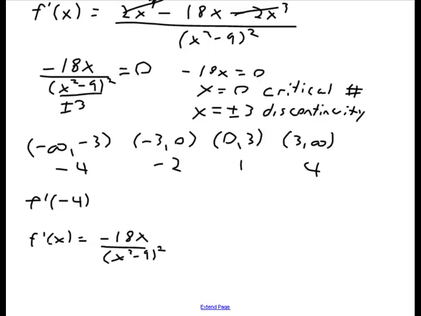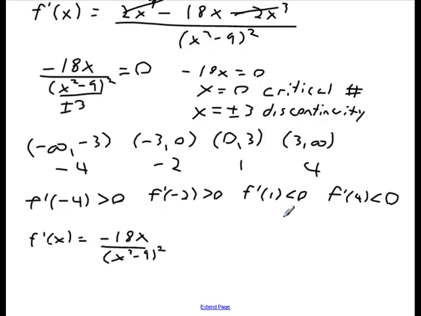Since we have negative 18 multiplied by x, a negative number makes a positive because it's two negatives multiplied, and a positive number will make a negative. So f prime of negative 4 is going to be positive, greater than 0. F prime of negative 2 will likewise be greater than 0. F prime of 1 is going to be less than 0, because if we plug a 1 in, negative 18 times 1 will be negative 18. And finally, f prime of 4 will also be less than 0.